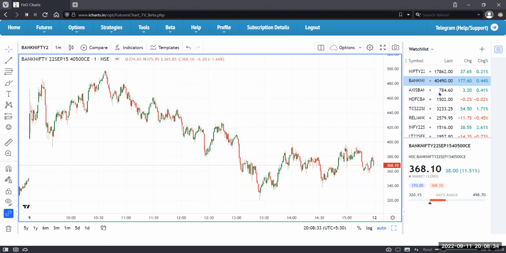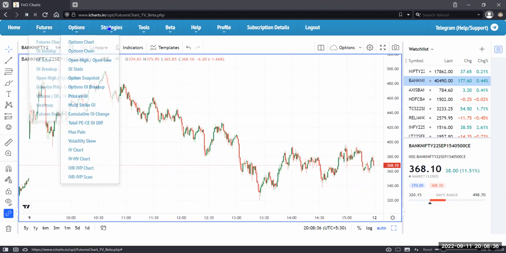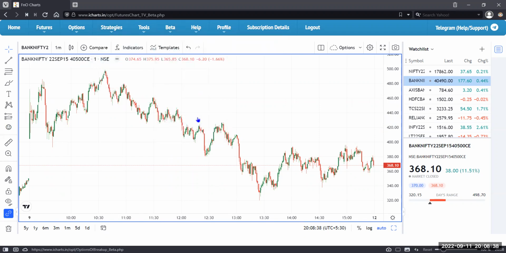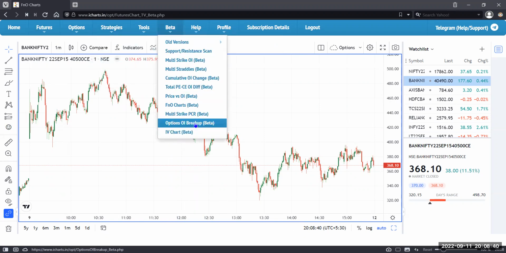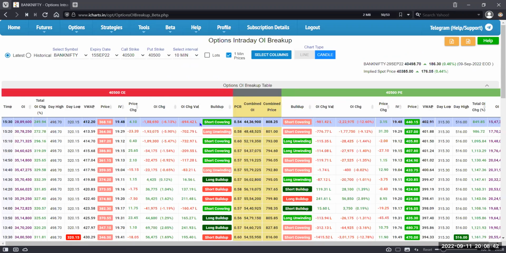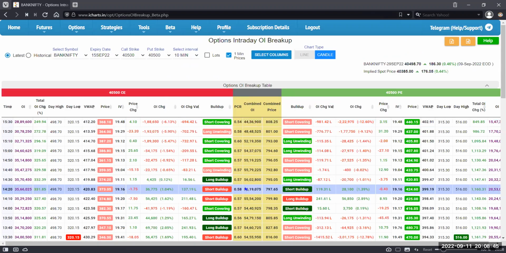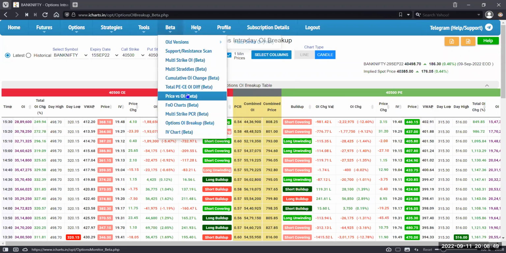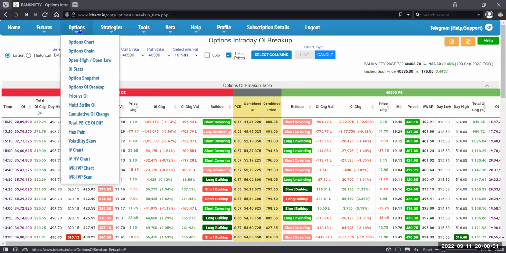Let me close this now, and I'll go to options OI breakup. There is one. We added a few things here, so let me cover this. This is the beta. We'll be moving this over very soon.